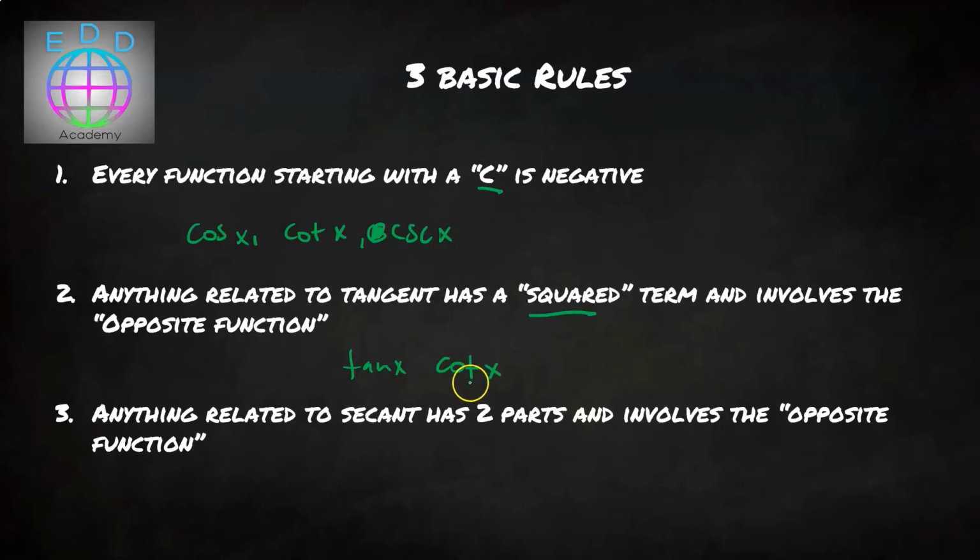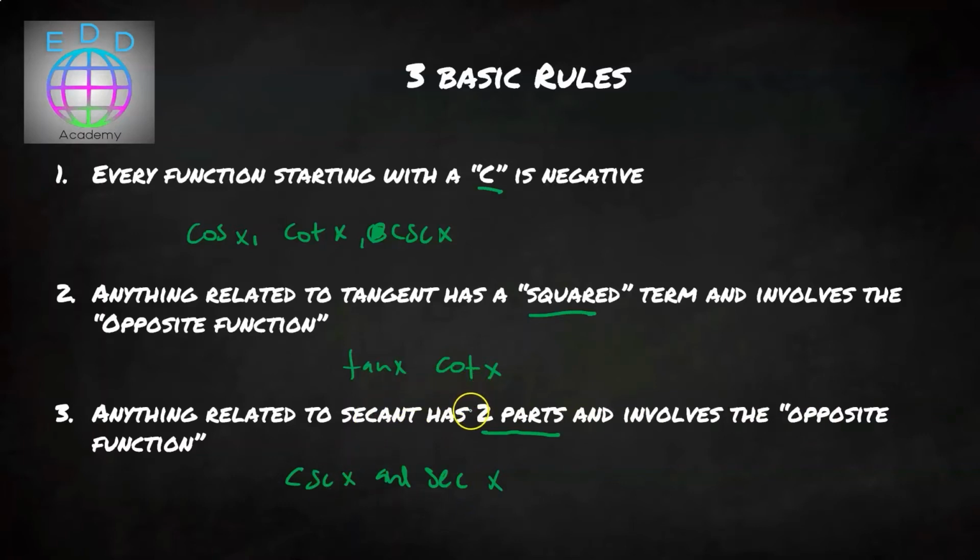Similarly, anything related to secant has two parts and involves the opposite function. So cosecant x and secant x all have two parts in their derivatives and involve the opposite functions. Like I said, the opposite function of secant is tangent and the opposite function of cosecant is cotangent.